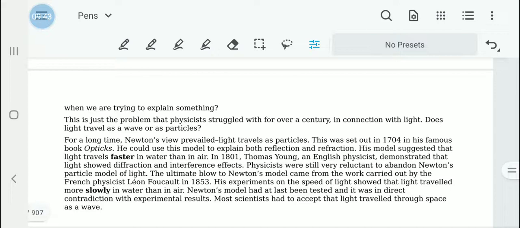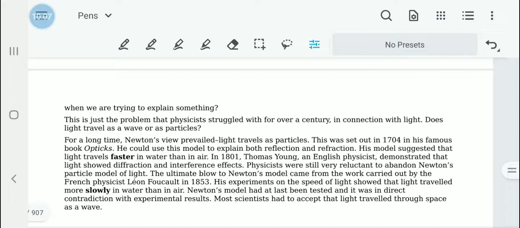So Newton, now you must be having a very good idea about how light travels. Earlier, when we did not have all the evidence to prove otherwise, people believed that Newton's view of light traveling as particles was what was accepted.